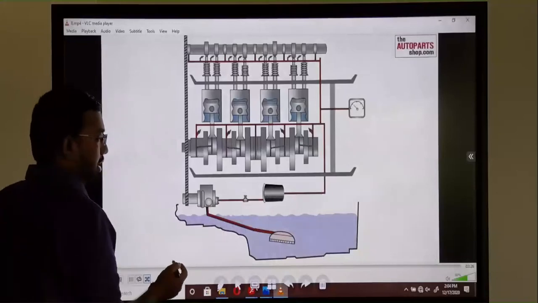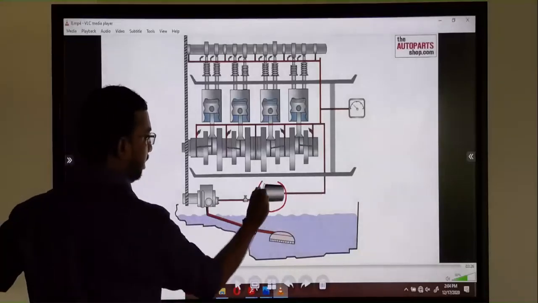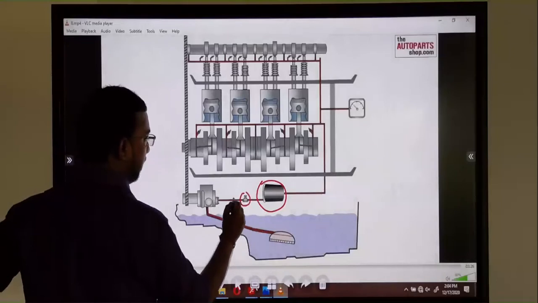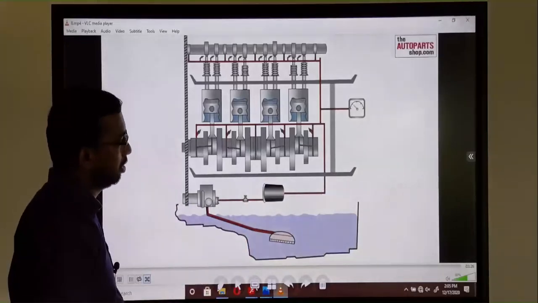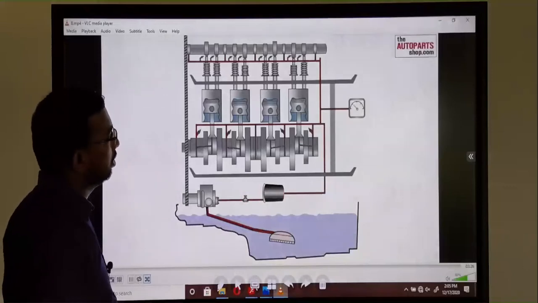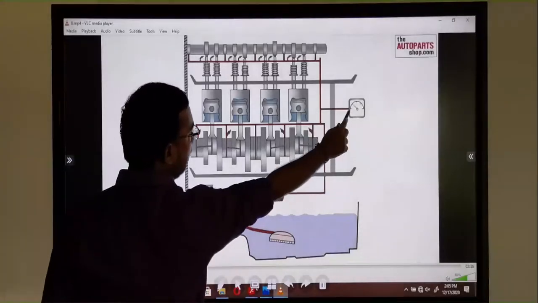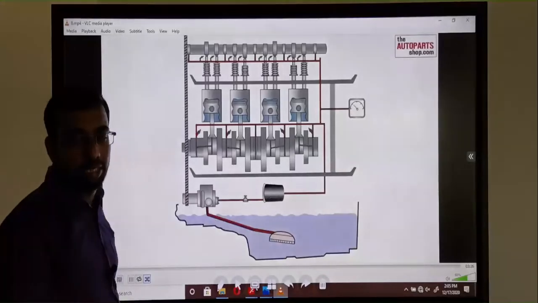Here there is an oil filter, and this is a pressure regulator valve. Here we can measure the engine oil pressure.